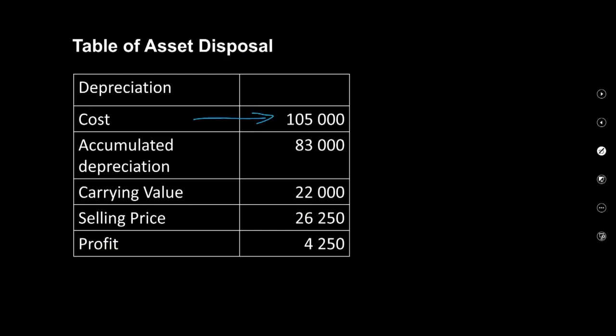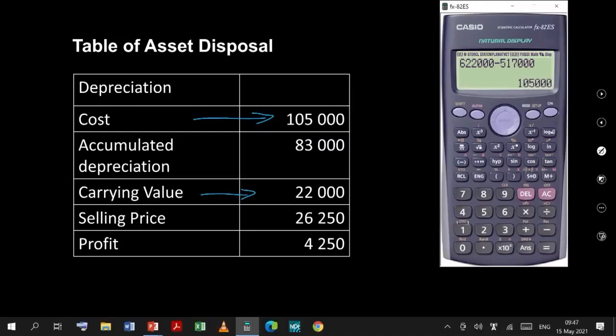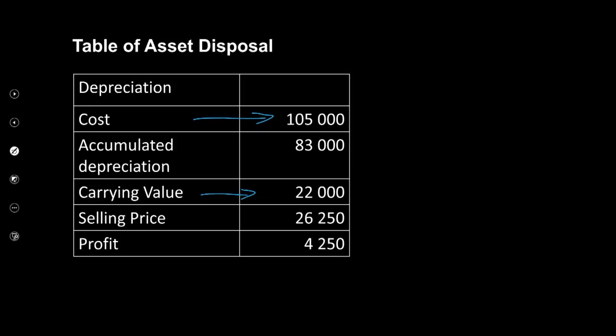We know that the carrying value was 22,000, so we take the 105,000 minus the 22,000 to give me a figure of 83,000 Rand. What's the 83,000 Rand? That's your accumulated depreciation of 83,000 Rand.